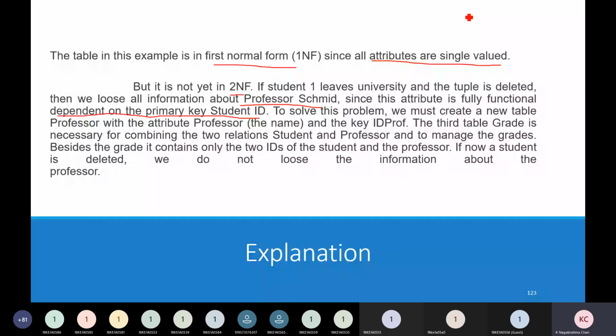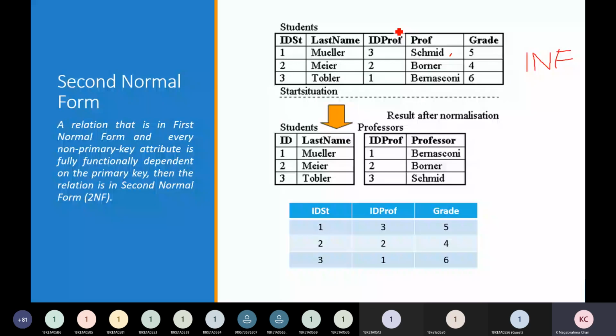Look at the functional dependencies. Here you can observe from this table we have the data: student ID, student last name, professor ID and professor name, and student grade also.